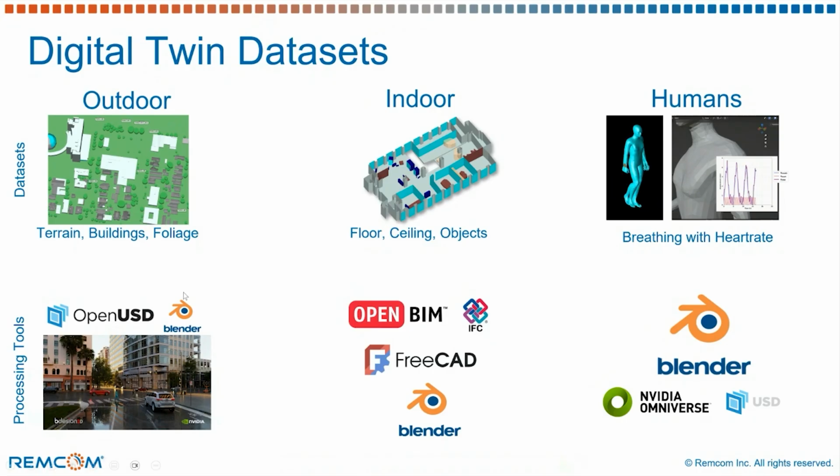The use of USD format is becoming a norm, with support from NVIDIA Omniverse, supporting USD import and export with Blender, and the utilization of such tools for moving into high-resolution CAD modeling.